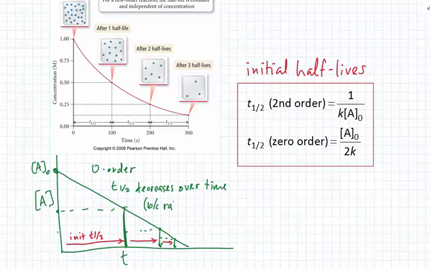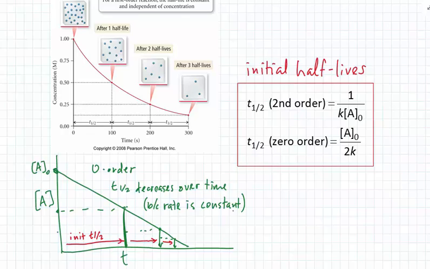It's because the rate is constant. With zero order, if it's a true zero order reaction, you will absolutely reach zero concentration after a certain amount of time. That requires progressively shorter and shorter half-lives throughout the extent of the reaction. So half-lives decrease over time.